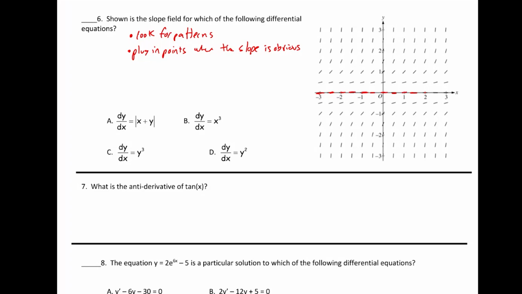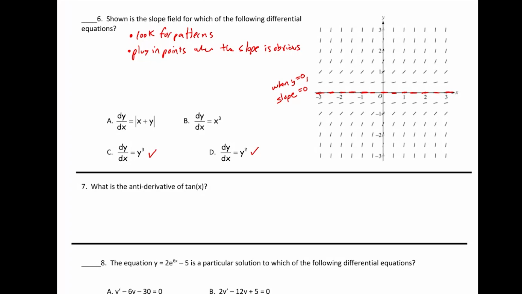What that's indicating is that when y is 0, the slope equals 0. And the slope is the dy/dx. So we can go through the answer choices and see, if I plug in 0 for y, does that force the derivative to be 0? That does for choice C, but it also works out for choice D.